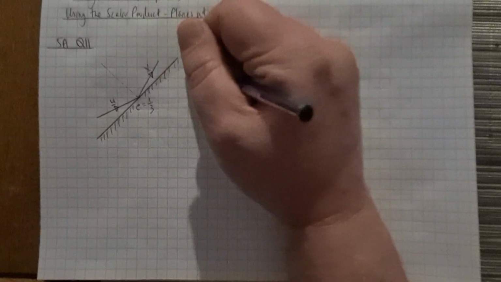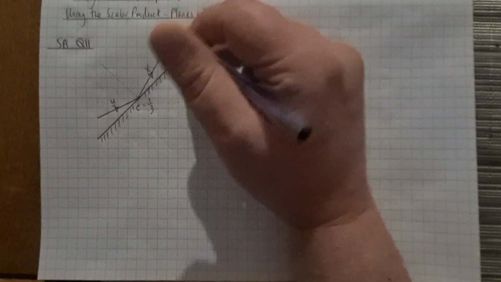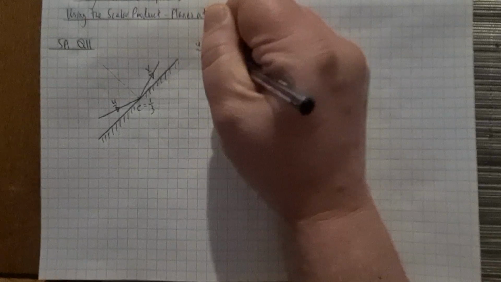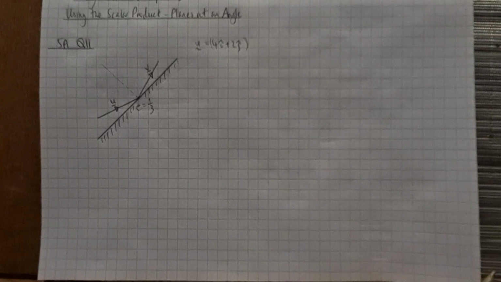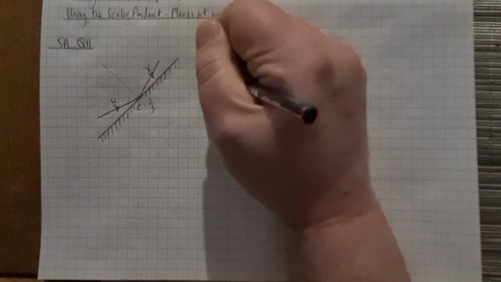This is what makes the question a little bit more complicated. If I just write down what u and v are first of all, u is 4i plus 2j. I've drawn that sort of to scale for you. Our first task is to find the velocity of the ball immediately after the impact.